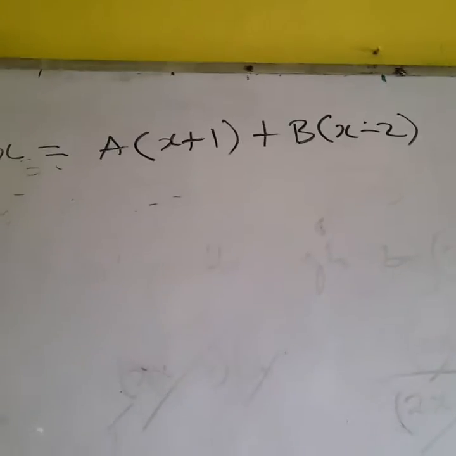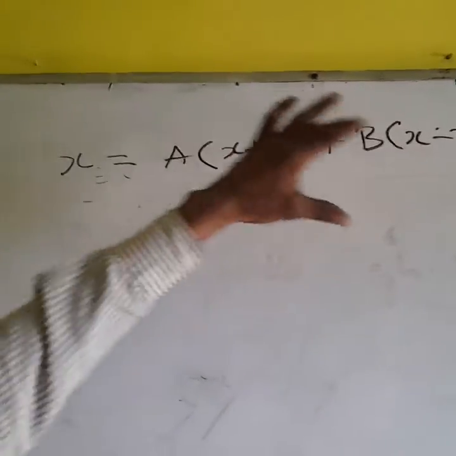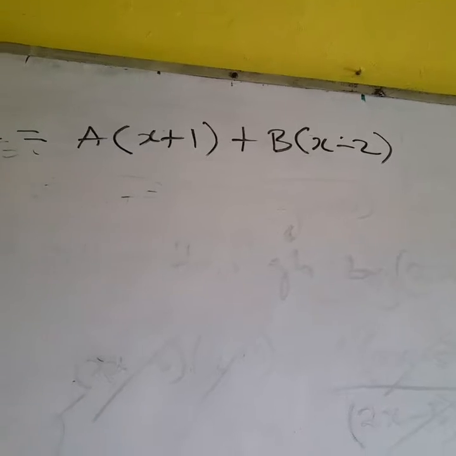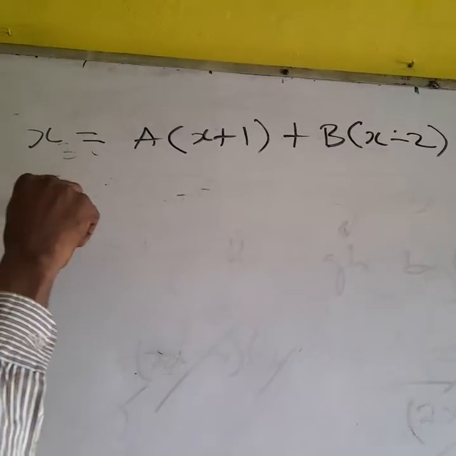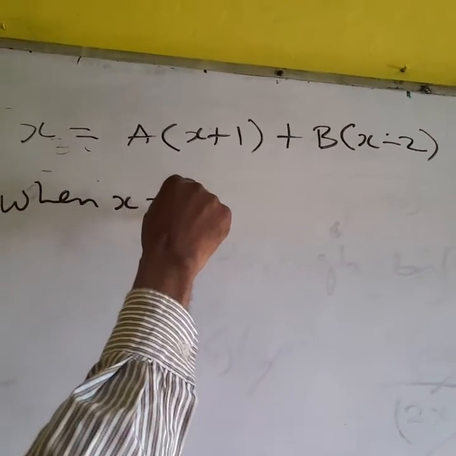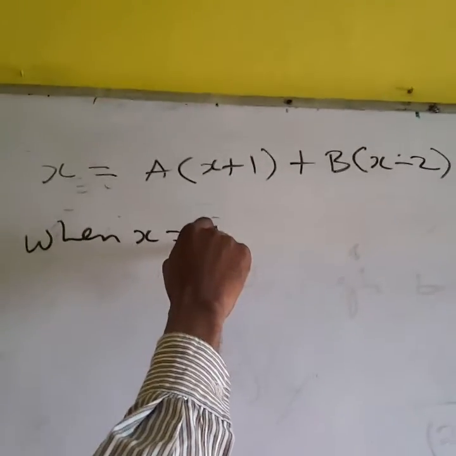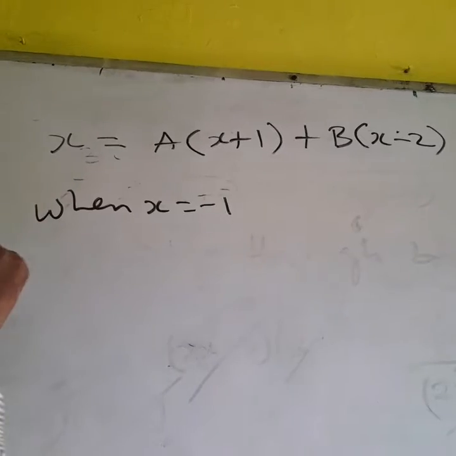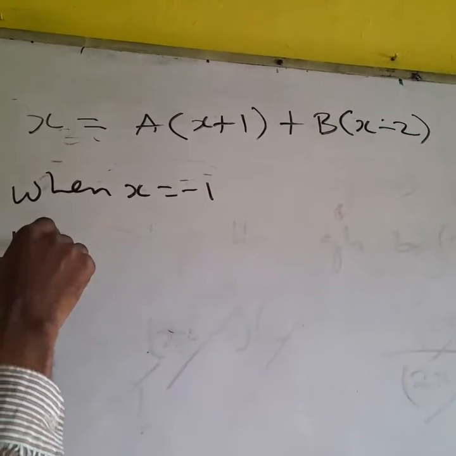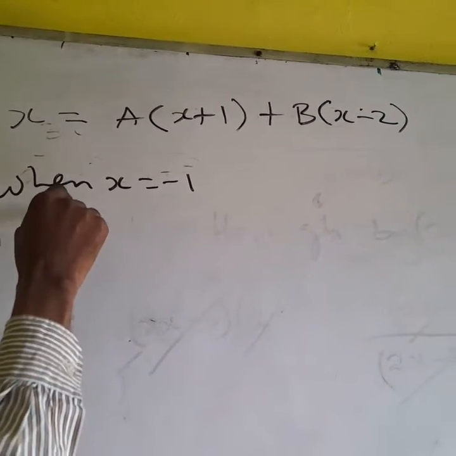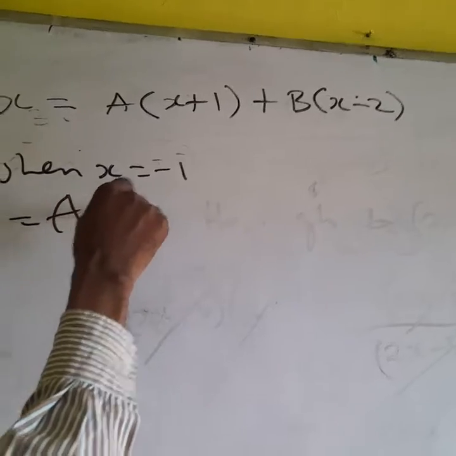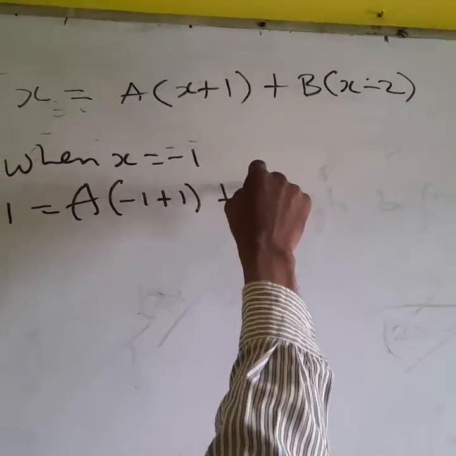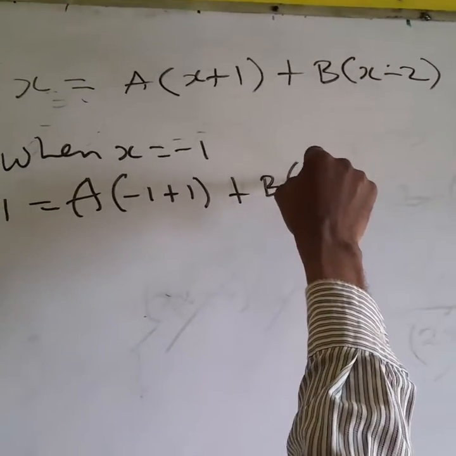So now let's cover a to find b, which means we must equate this to 0, to give us minus 1. So when x is equal to minus 1, anywhere we see x, we put what? Minus 1.